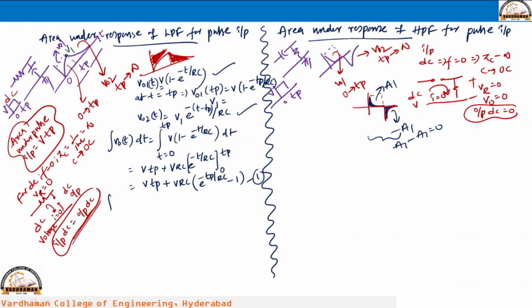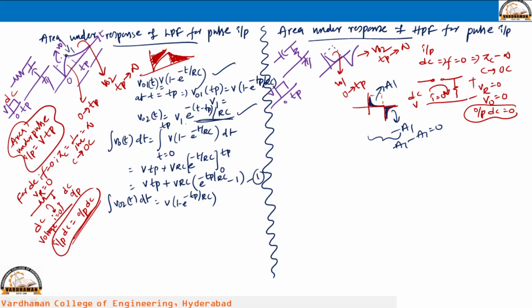Now you calculate the area under curve 2, that is V02 of t dt. V02 of t means you see this equation where V1 is there, and you can substitute what we got at t is equal to Tp. So what is V1 now? V times 1 minus e power minus Tp by RC. This is V1 only, that is constant.